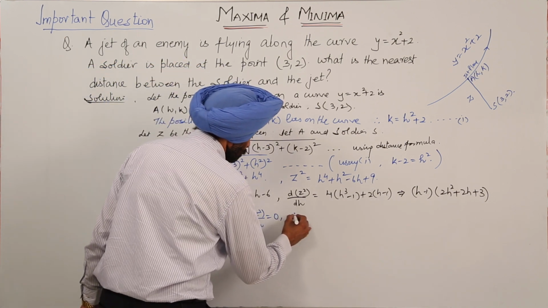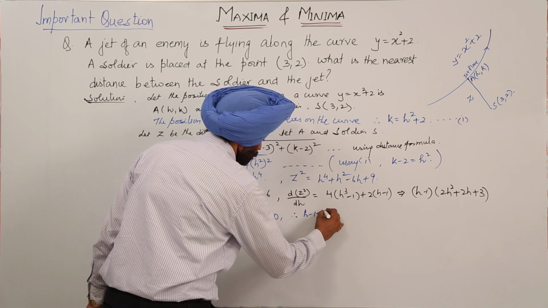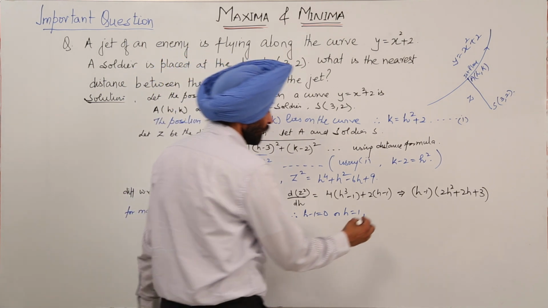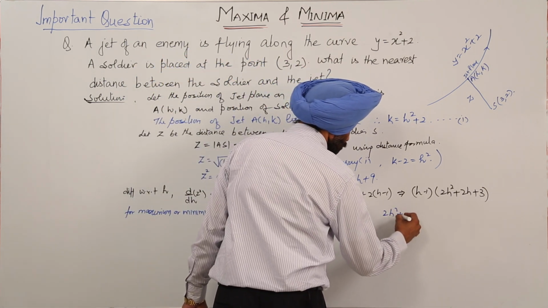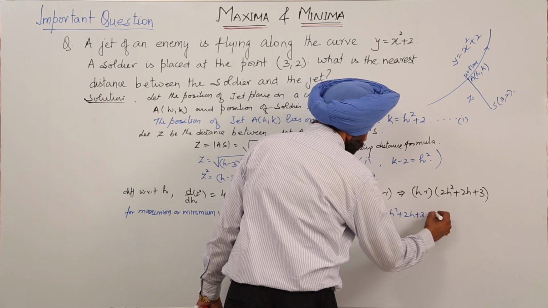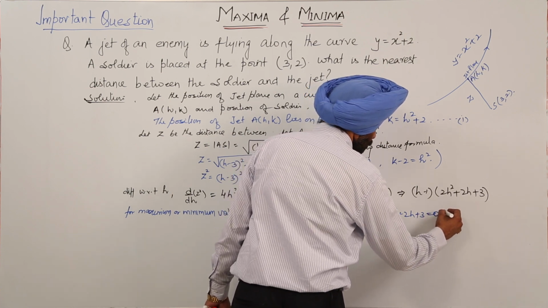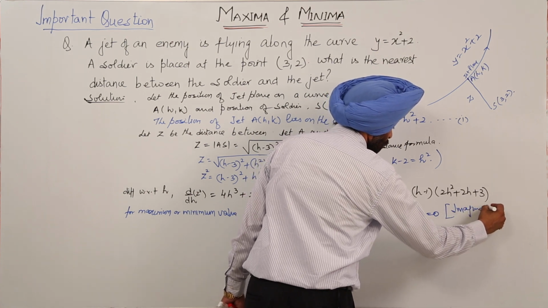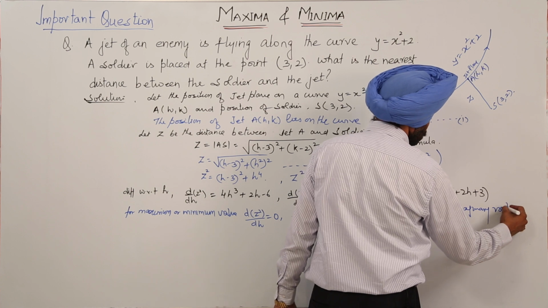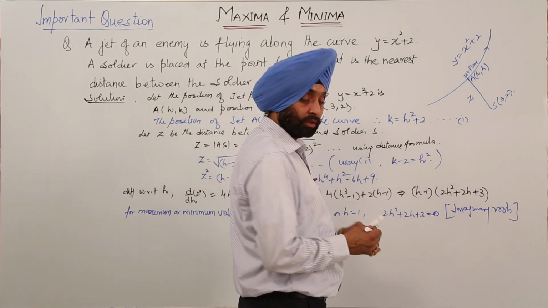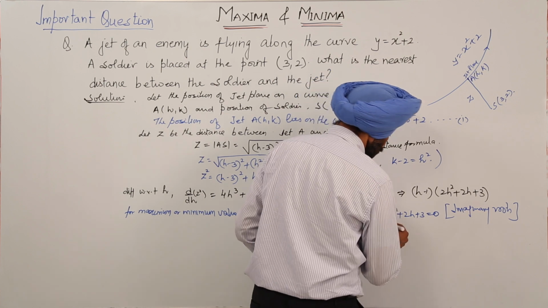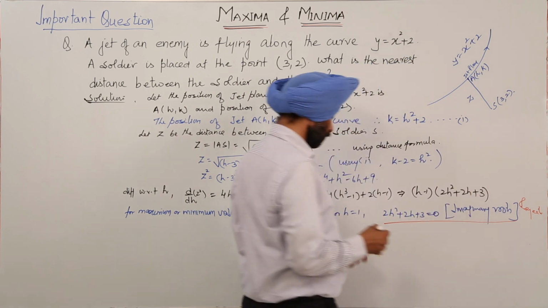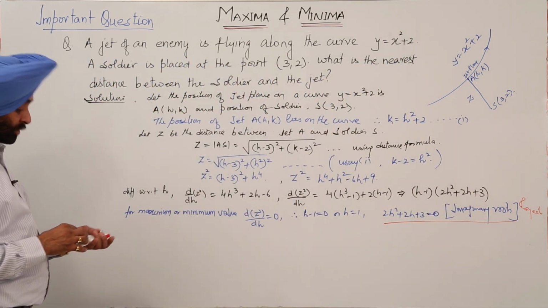Therefore, we have h minus 1 is equal to 0, or h is equal to 1, one thing, and 2h square plus 2h plus 3 is equal to 0, and here we will be getting imaginary roots. So we are not considering this part, we are rejecting it. Now we have h is equal to 1.